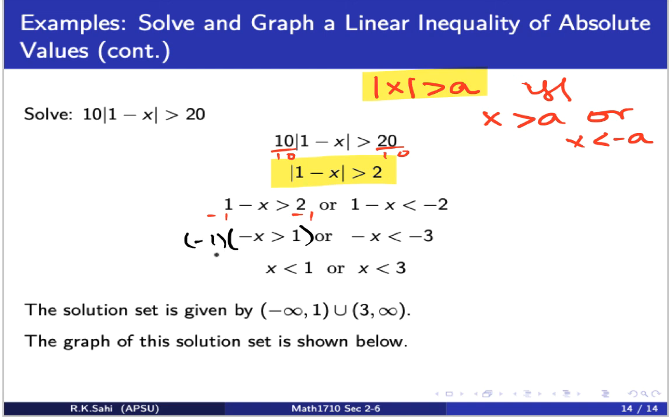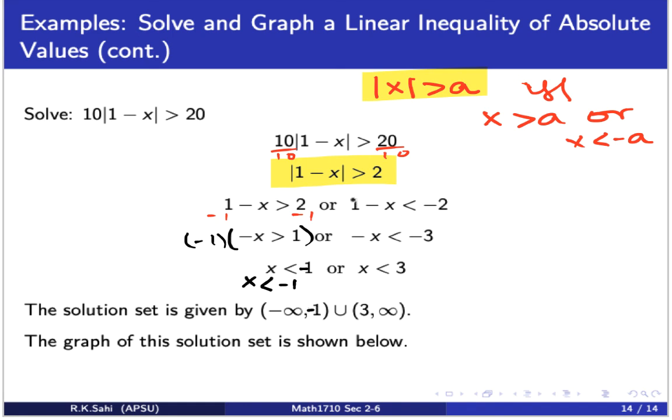Now when we multiply by minus 1, this inequation becomes strictly less than. So it says x strictly less than minus 1. So the solution set here is x strictly less than minus 1.